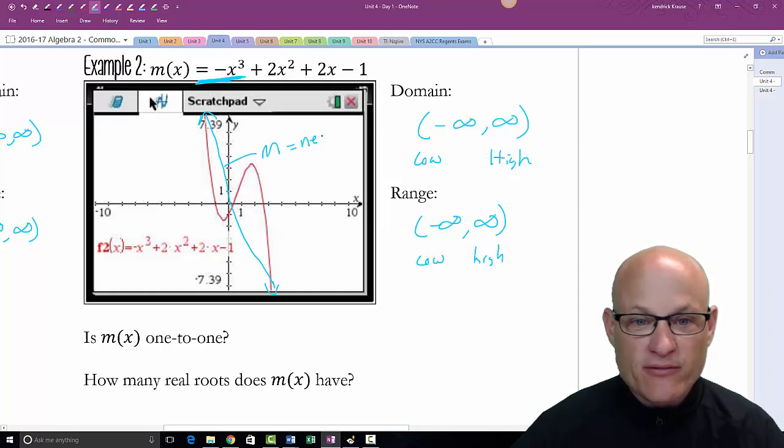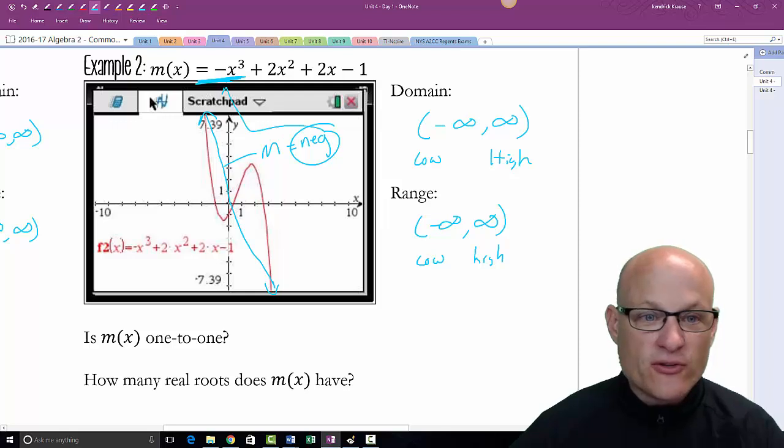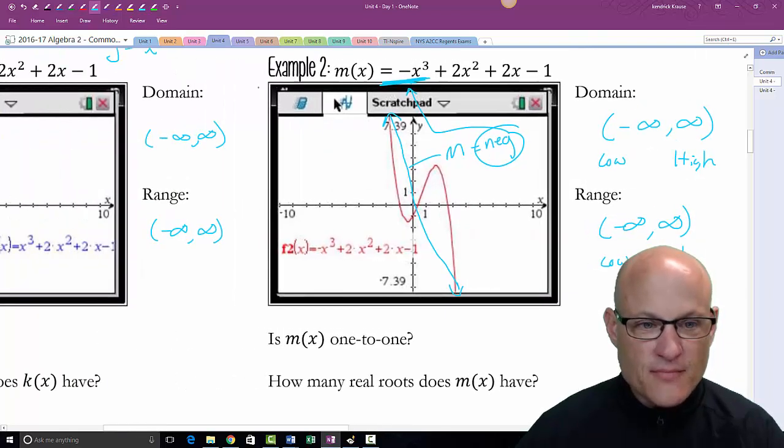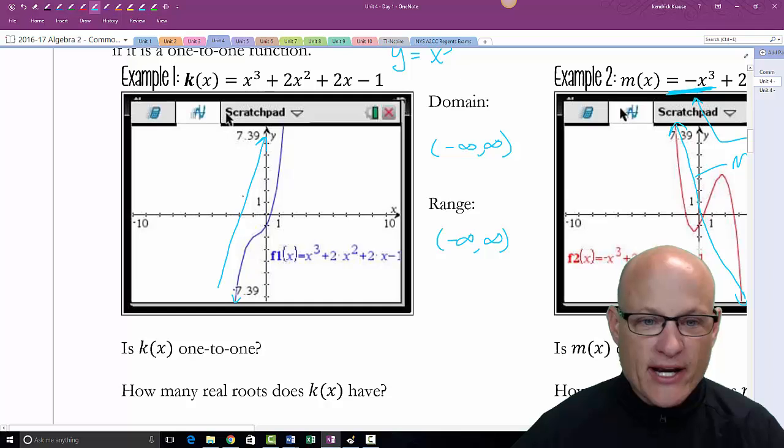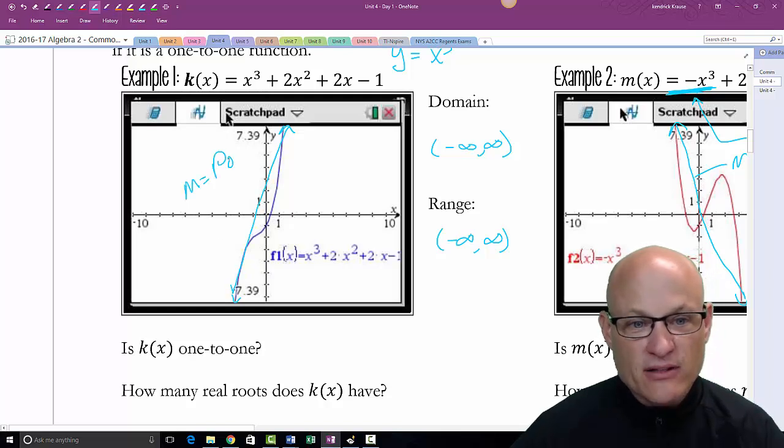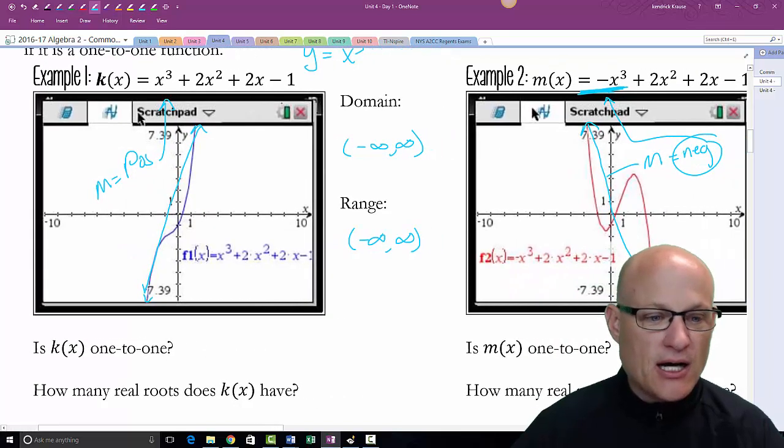In this case, it would be negative, so your leading coefficient is going to be negative. Over here, if I draw a straight line between the two arrows, that slope would be positive, so your leading coefficient would be positive.